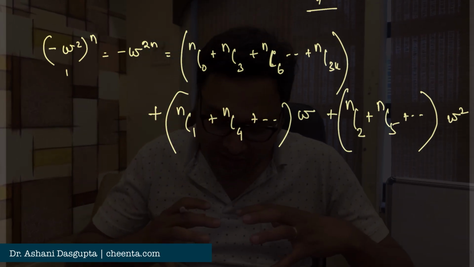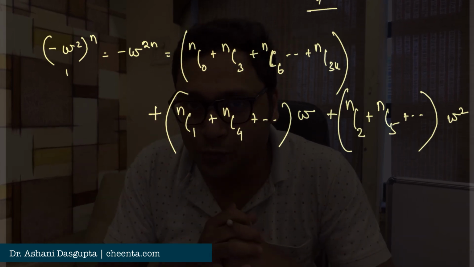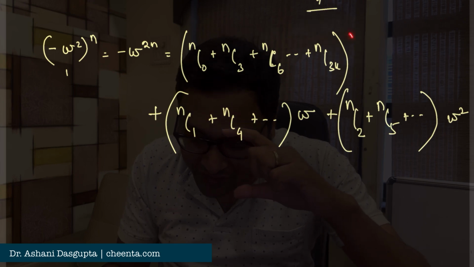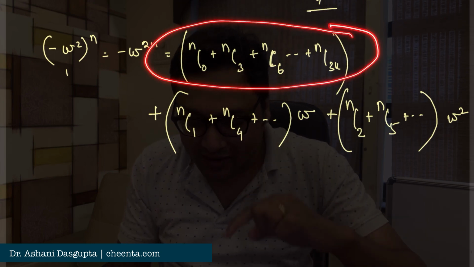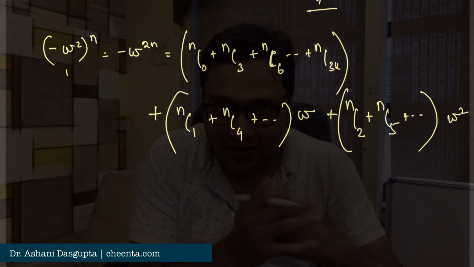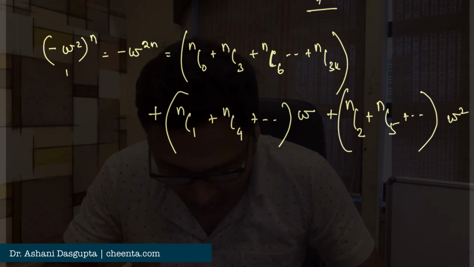So I have sort of split everything up into similar looking groups. And this is actually the fun part. I have sort of crystallized out the base 0, 3, 6, 3k into one part. This sort of shows that we are going in the right direction.